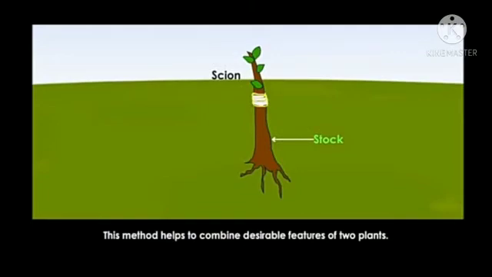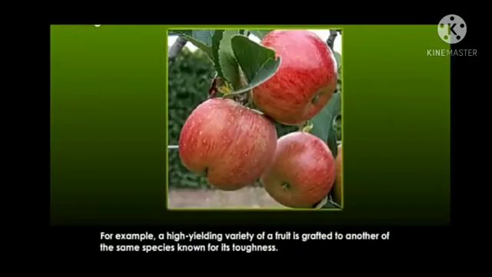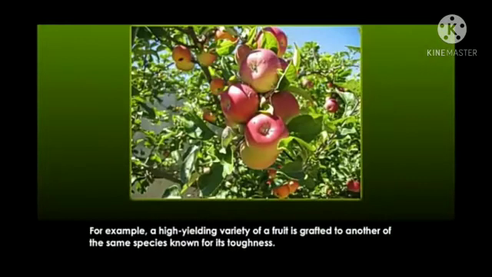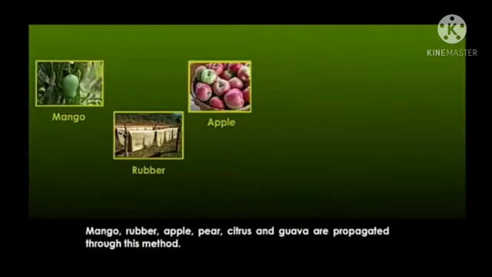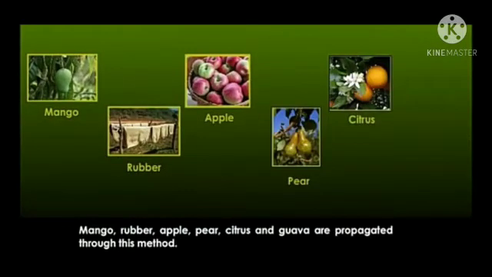This method helps to combine desirable features of two plants. For example, a high-yielding variety of a fruit is grafted onto another of the same species known for its toughness. Then we get a tough, high-yielding variety. For example, mango, rubber, apple, pear, citrus fruits and guava are propagated through this method of vegetative propagation.